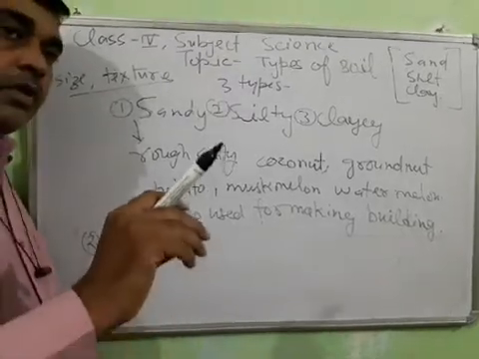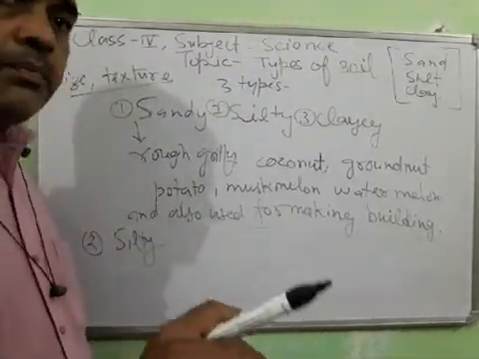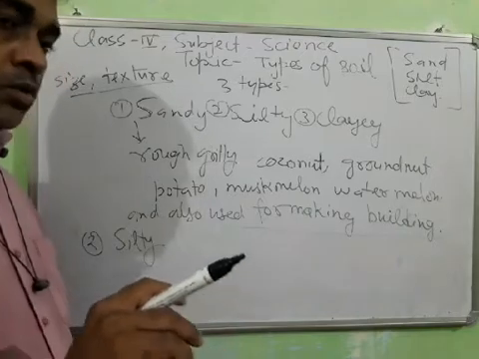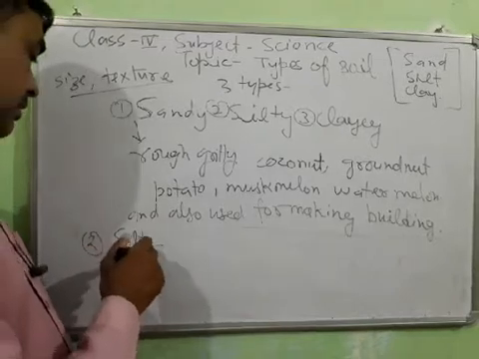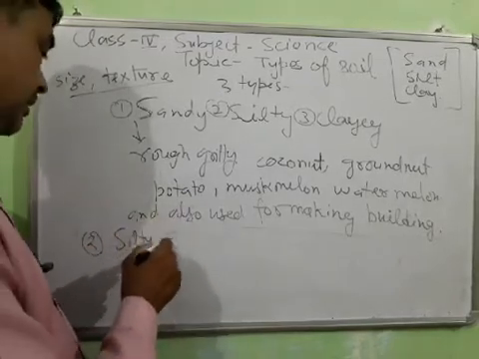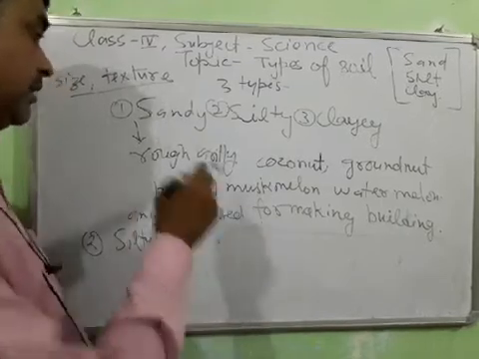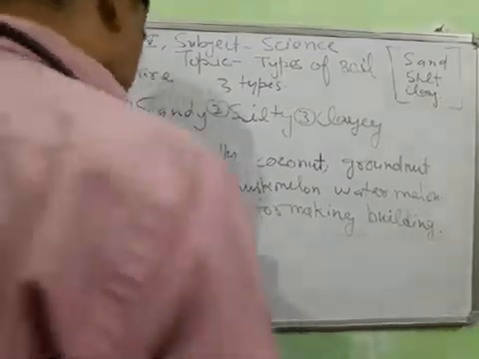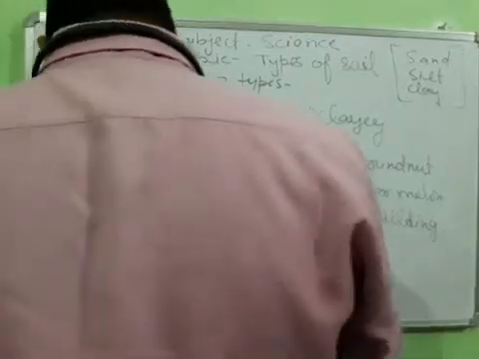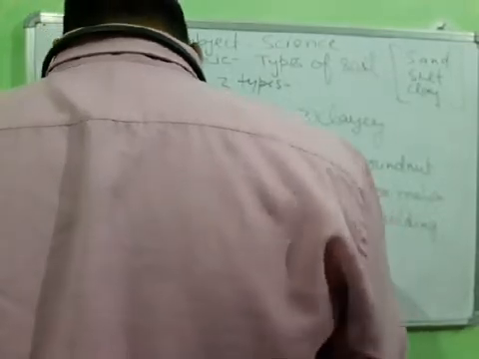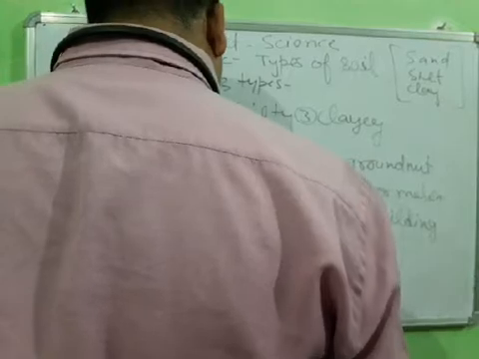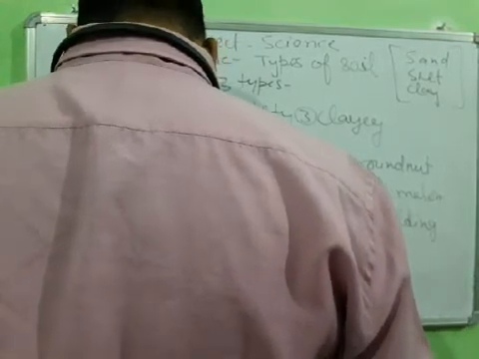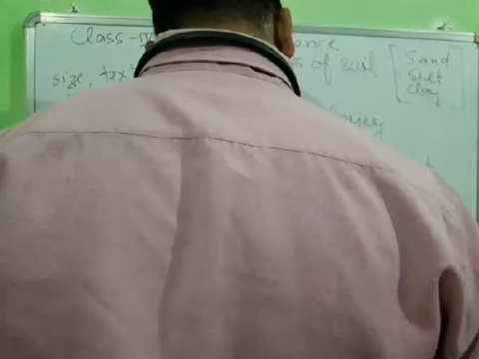It holds some humus also, which makes it fertile. So the size of particles of silty soil is much smaller than sandy soil. Write down silty, sandy soil and clay.